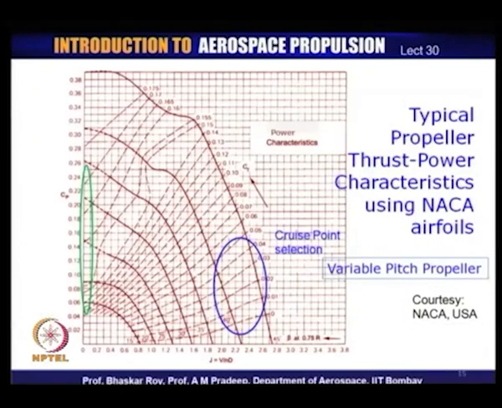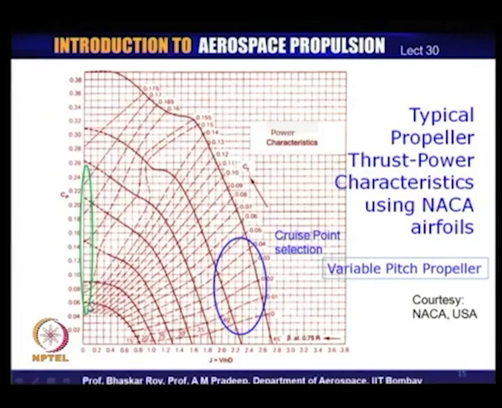We can get similar characteristics for the power coefficient, and this is of course the thrust power characteristics. So, you have the thrust variation here, or on the y axis you have the power variation, and what you would see here is a thrust power characteristics. The cruise point is likely to be somewhere over here, where you would use a modest amount of power and create a modest amount of thrust sufficient for the aircraft to fly.